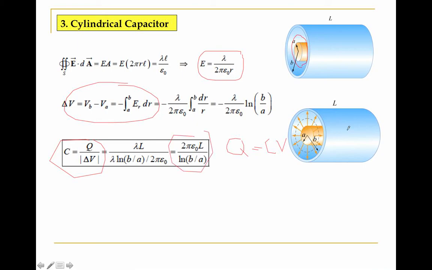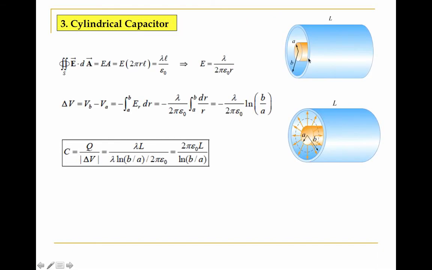Again, it depends on the dimensions, which is L, and it depends on b and a, which are the radii of the 2 cylindrical shells. So it depends on geometry and epsilon. All right.